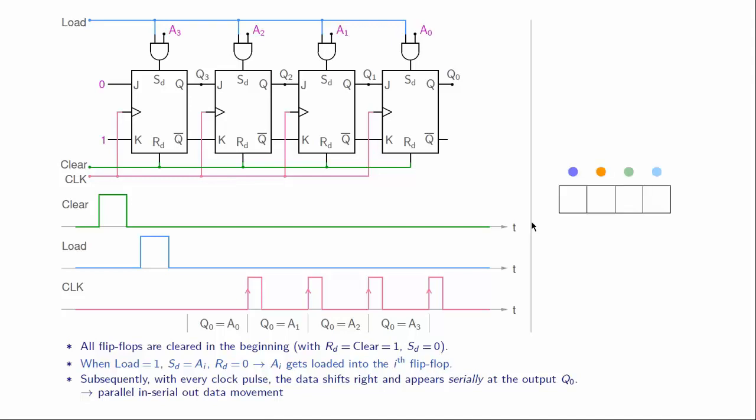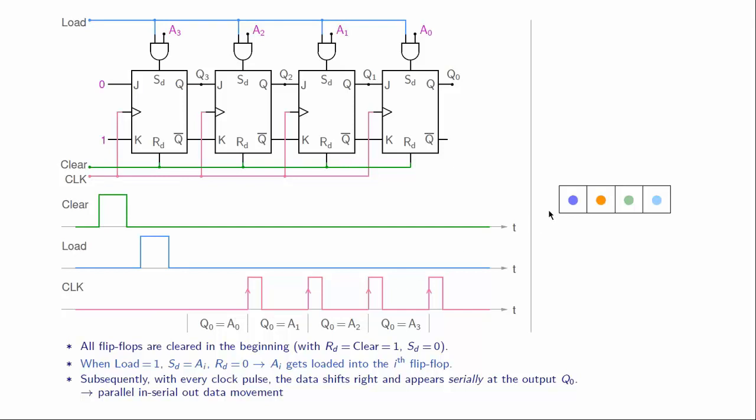Let us now look at this schematic picture showing this parallel in serial out data movement. What is parallel in? This is our data A3, A2, A1, A0, and that is getting loaded parallelly into these flip-flops like that. Alright, so that happens in this phase, and now the clock pulse comes along, the first clock pulse.